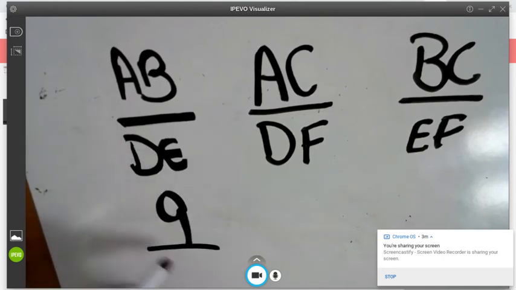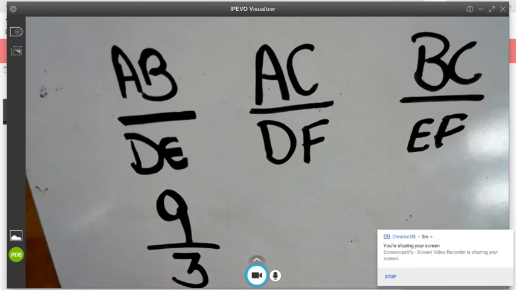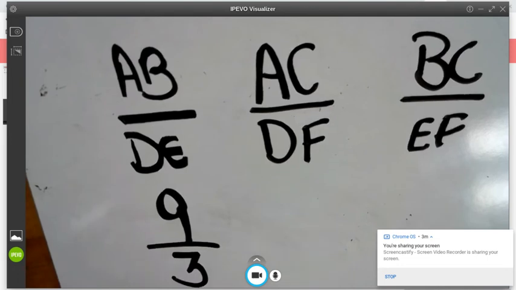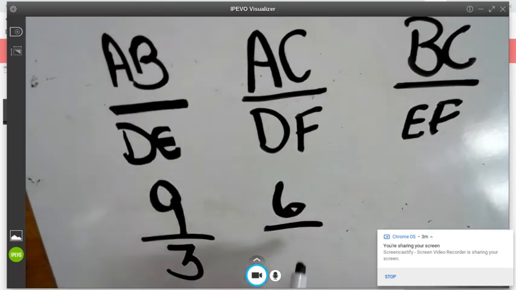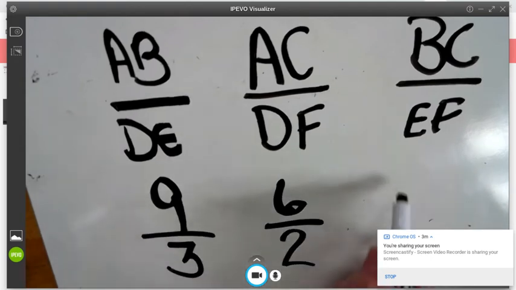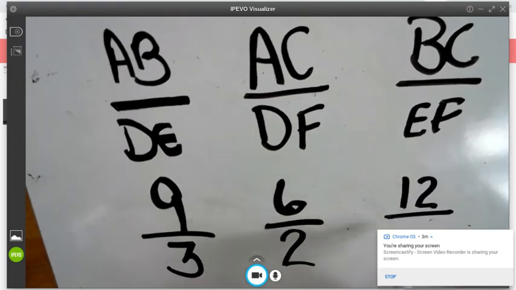And where DE is, I'm going to write a 3. I'm going to do the rest without showing you the picture, but you can see the picture later on your assignment. AC is 6, DF is 2, BC is 12, and EF measures 4.